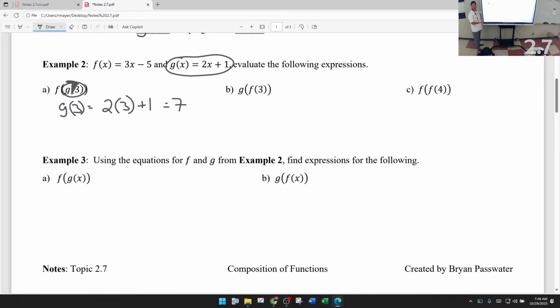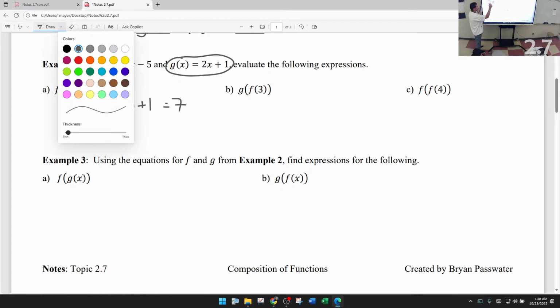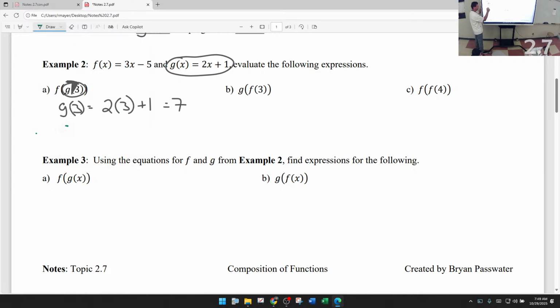So if G of 3 is 7, then I'm going to replace G of 3 with 7, and now I'm really doing F of 7. So now I'm going to do F of 7. And now I'm going to go up here and do 3 7s minus 5. And that's 21 minus 5 is 16.